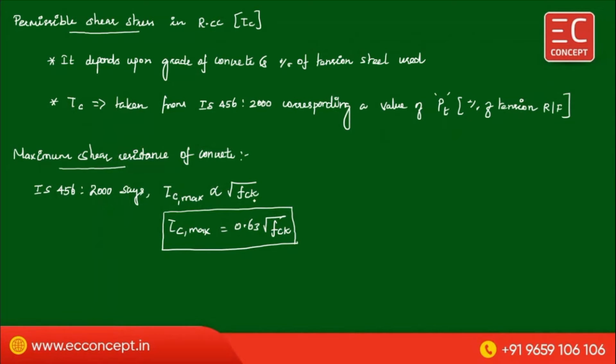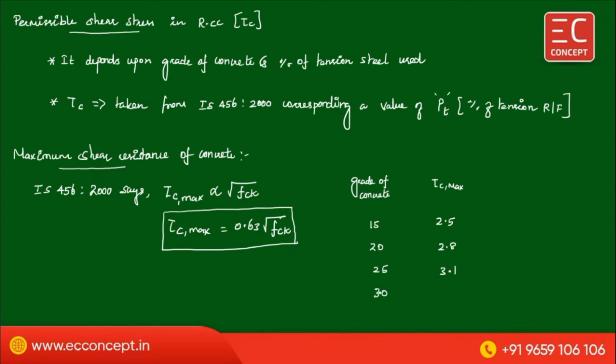Now, what is the tau c max for different grades of concrete? For a grade of concrete 15, the value is 2.5. For 20 concrete 2.8. For 25 concrete 3.1.